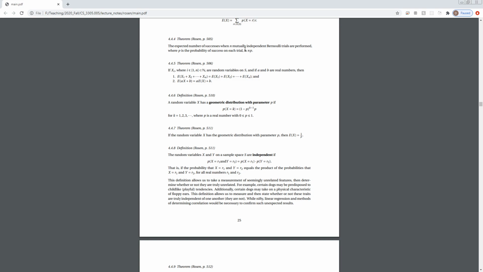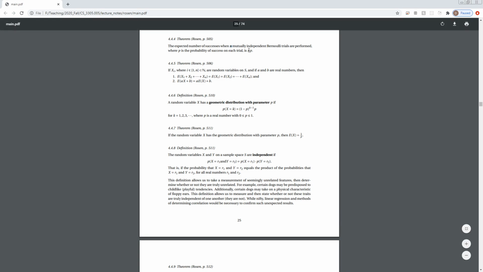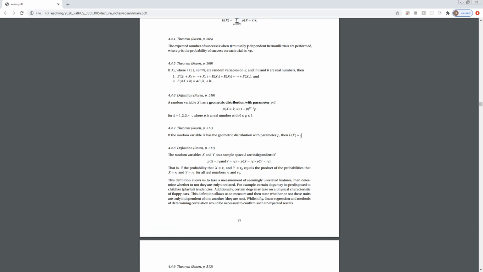So for these values, just to make sense of it, I always replace them with actual numbers just so I can get a feel for what it's trying to say, right? So if we flip a coin n times, we'll choose 100 times, and the probability of getting success, so we'll say heads is success, right?